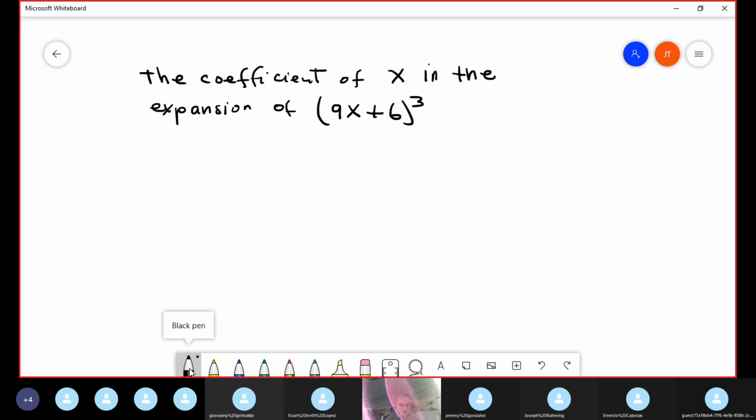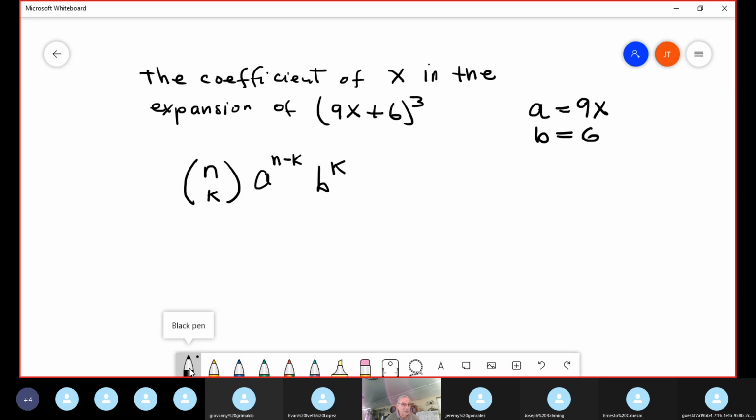Okay, look, this is my formula, or at least the expression inside the summation. It's a to the n minus k, b to the k. However, my specific example is, okay, a is 9x and b is 6, correct?